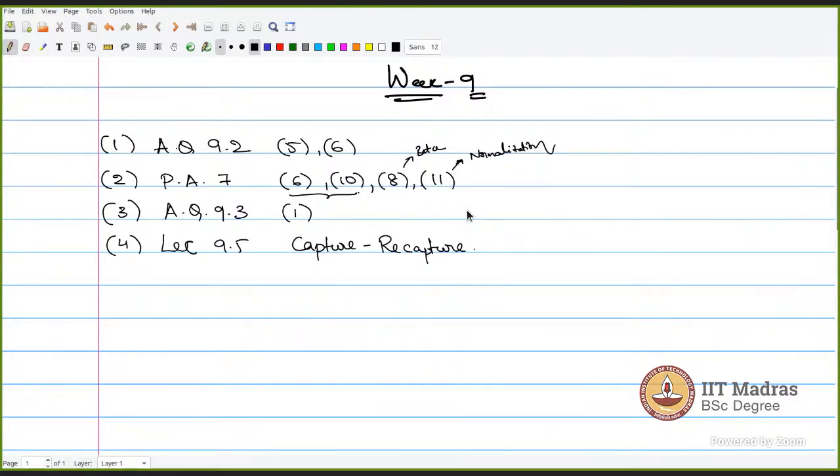While finding the estimator for your distribution, there are different ways to do it. I can use the method of moments estimate, the maximum likelihood estimate, or, newly in week 9, we have learned the Bayesian estimator.